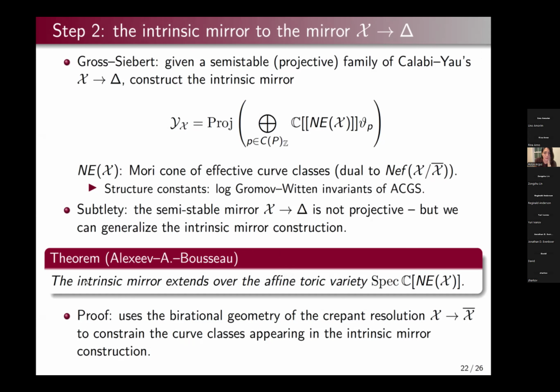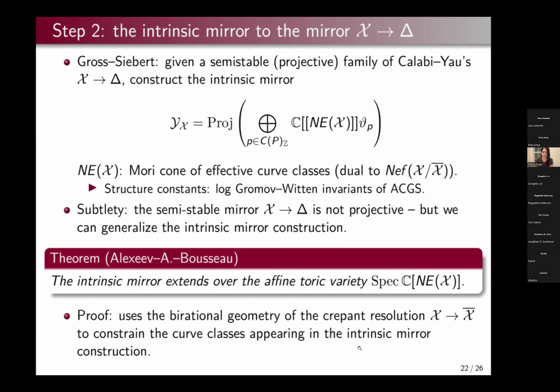And then we furthermore show that while in the Gross-Siebert construction you obtain the mirror as a formal family, by some convergence results, you can extend this family over the affine toric variety. You can obtain a family over Spec C of this monoid ring, which gives you a toric variety.